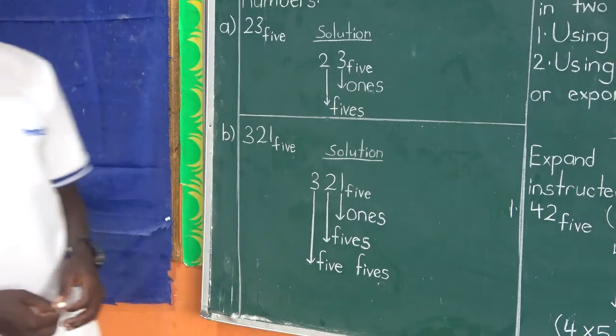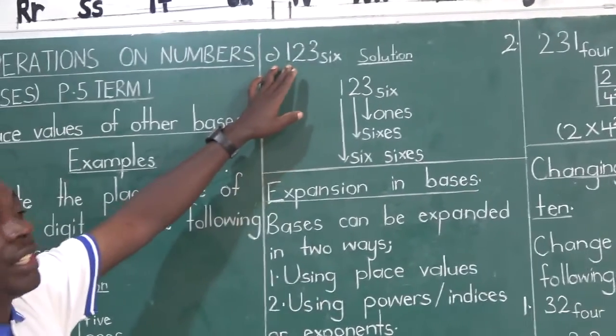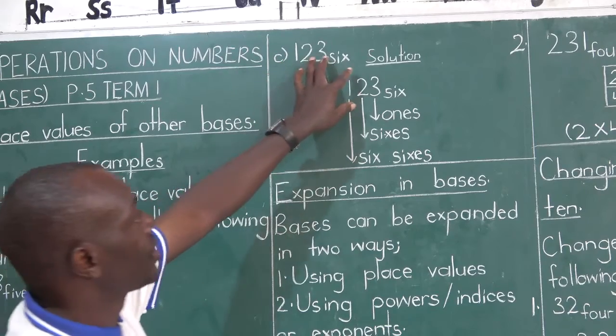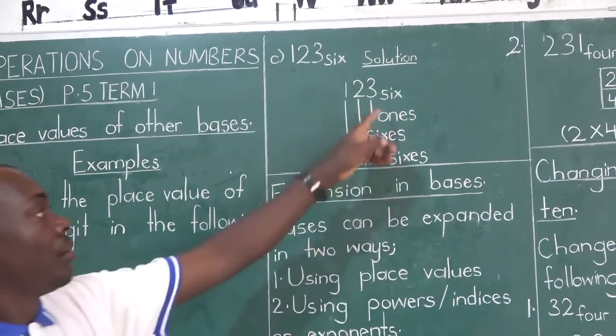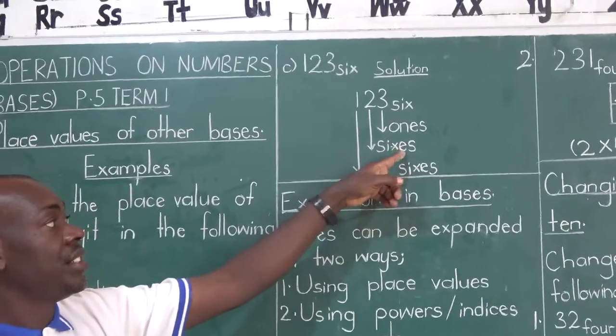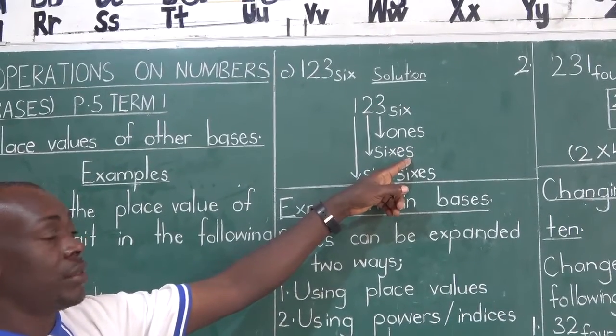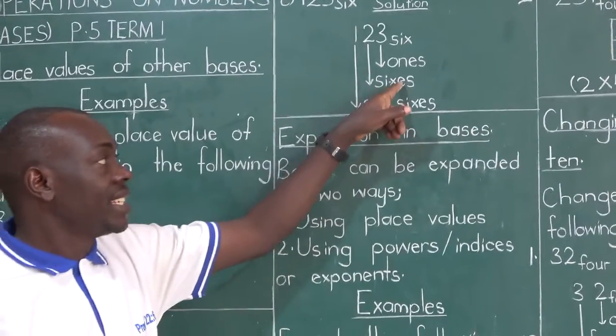Then part C tells us to state the place value of each digit in 1, 2, 3, base 6. This time it's base 6. You say 1s, 6s. Be careful, there is E. Don't just add S this time like we did with 5s. So say 1s, 6s.